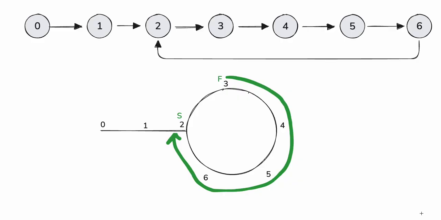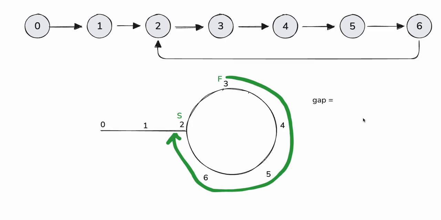And you might think, could it just skip right over the slow pointer when it laps? No, it's guaranteed to find it in O of n time, and here's the very simple logic behind that. So let's consider the gap, right? And what happens to the gap at each iteration of this algorithm?